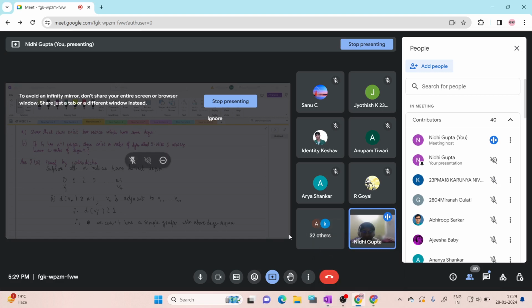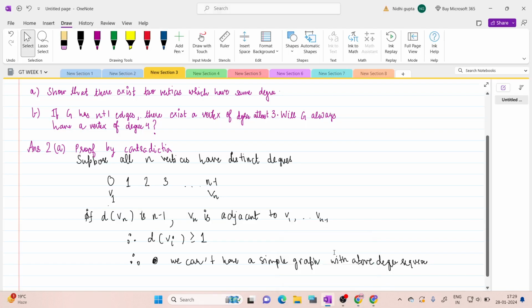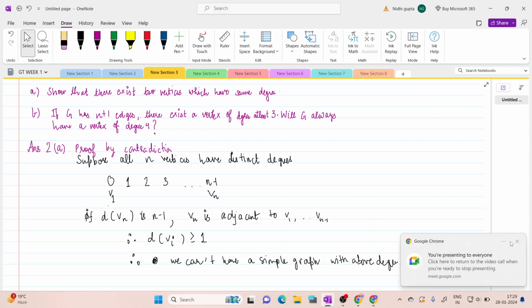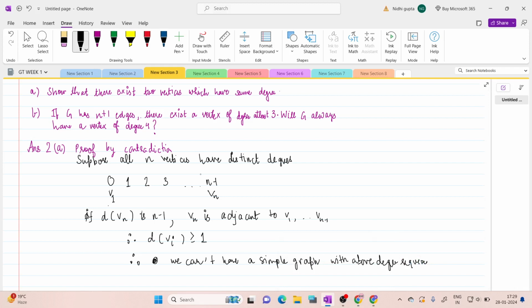So now is the A part clear to everybody? And once we say that V1 has degree 0, that means it is an isolated vertex or node. So then it is already a disconnected graph. Yes, that is fine.